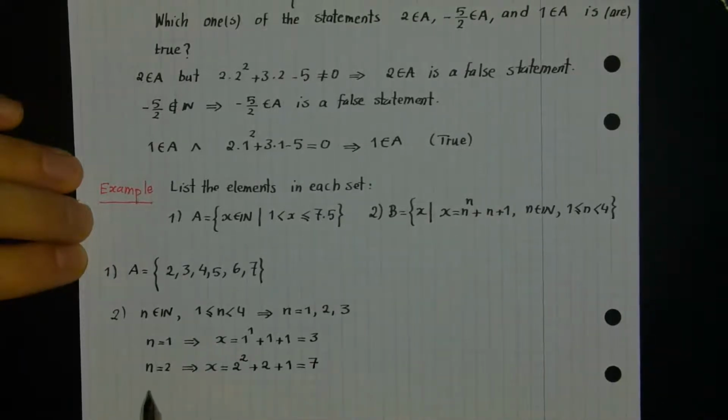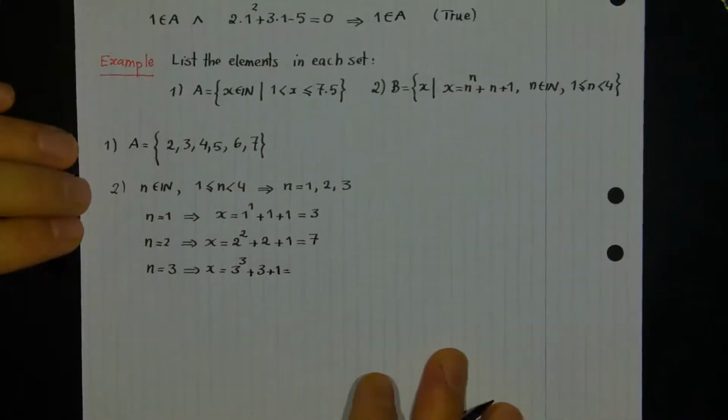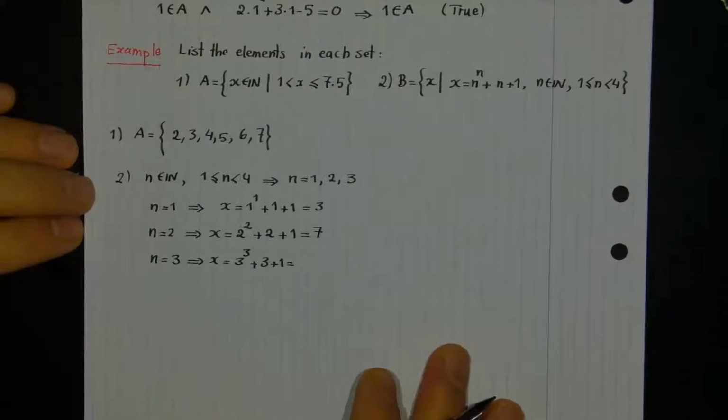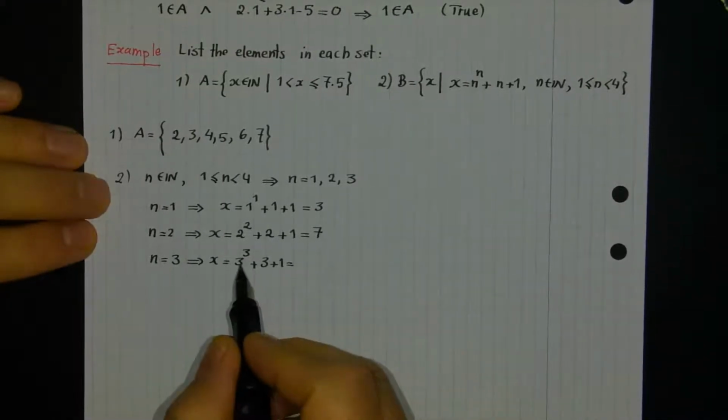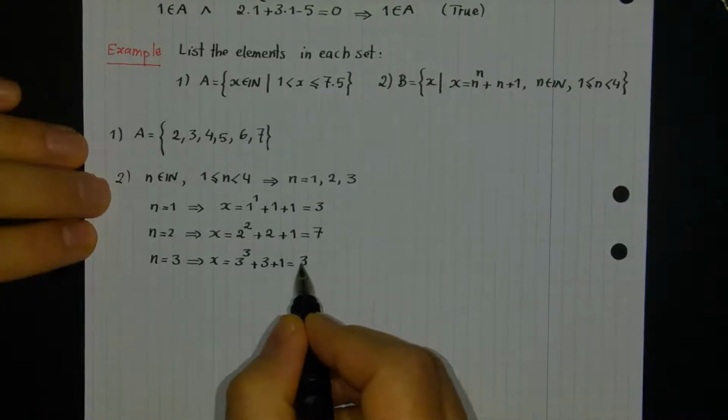And finally, if n is equal to 3, what happens is that x is equal to 3 to the 3 plus 3 plus 1. Yes? Okay, so I have 27 plus 3 is 30 plus 1 is 31.